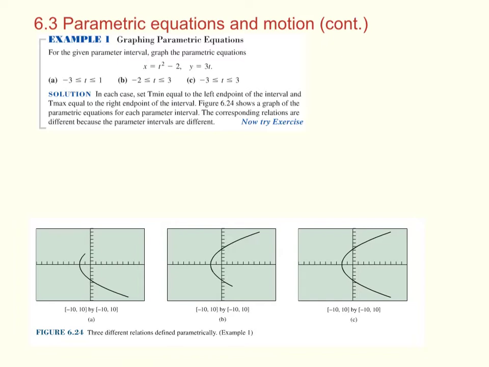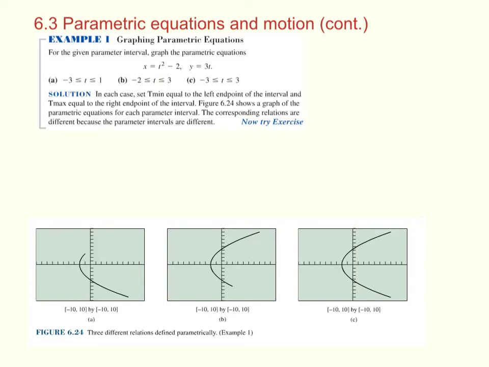So we're going to use those two equations to generate the graphs based on the intervals set forth in A, B, and C. First off, we'll look at A together. You can see the actual graphs are already given to us underneath, but we'll generate the values for graph A, and then I'll let you try to do B and C on your own.